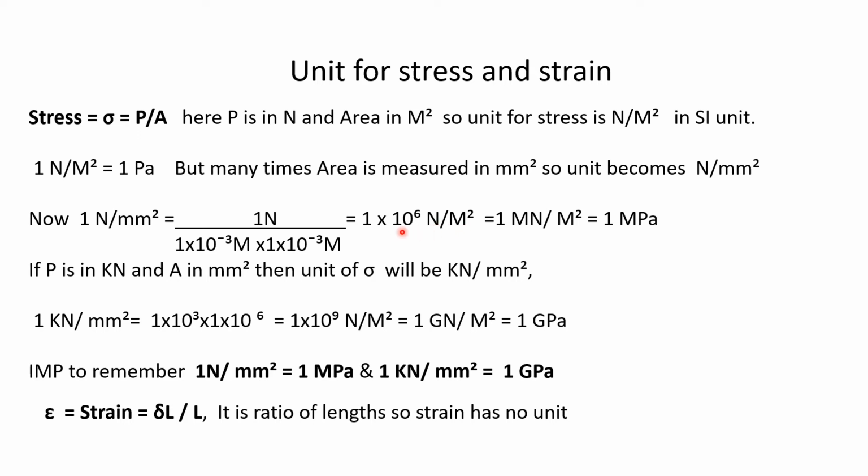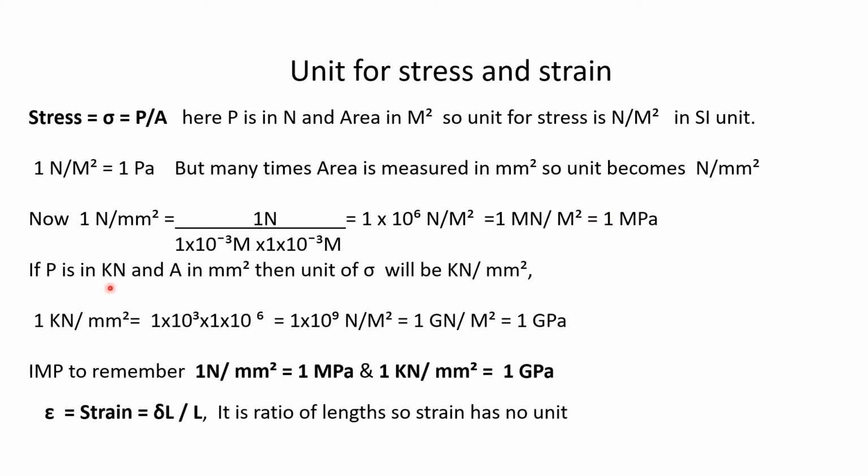Now 10 raised to 6 we can replace by mega, because 10 raised to 6 is mega. So 1 mega Newton per meter square. Now this Newton per meter square can be replaced by Pascal. So this becomes 1 megapascal. So what is important here to understand is 1 Newton per mm square is equal to 1 megapascal.